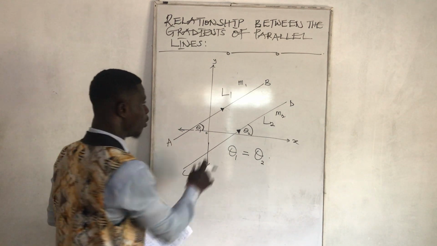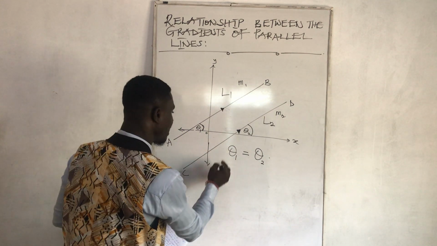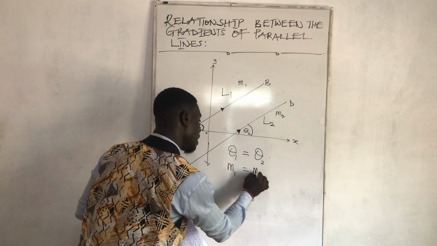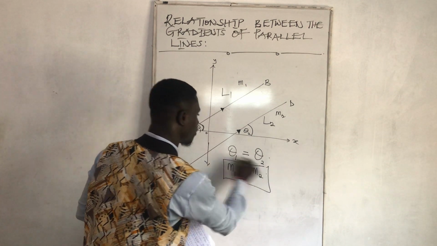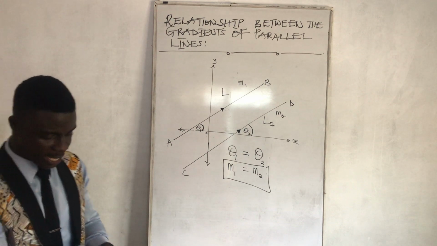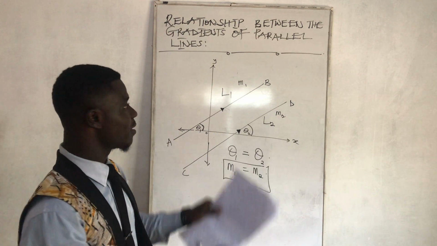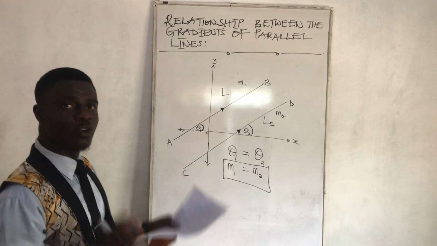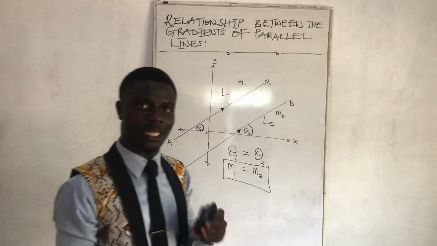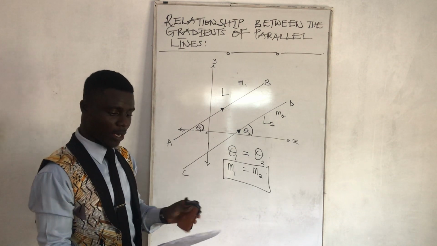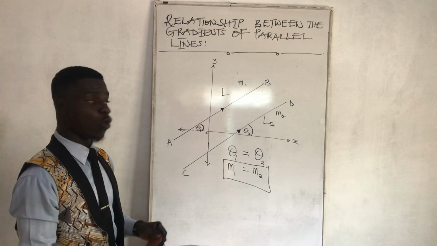Since they are parallel, we can equate their gradients and say that M1 must be equal to M2. That's what we mean here. So parallel lines have equal gradients.